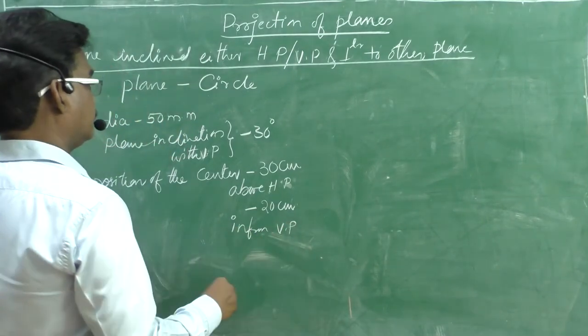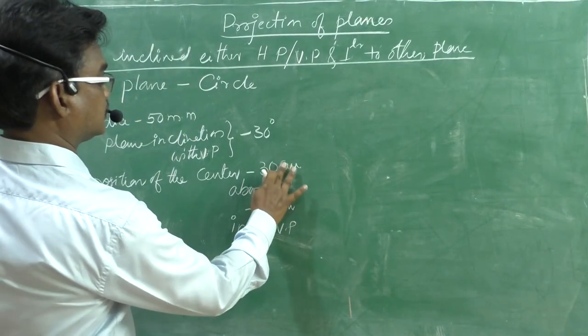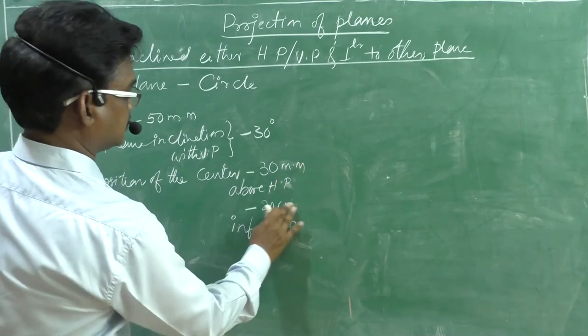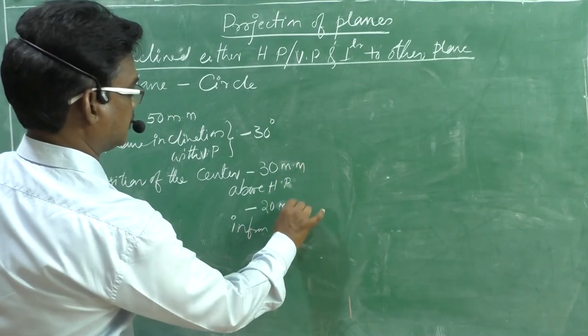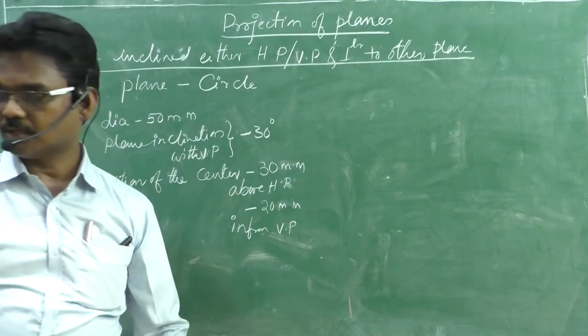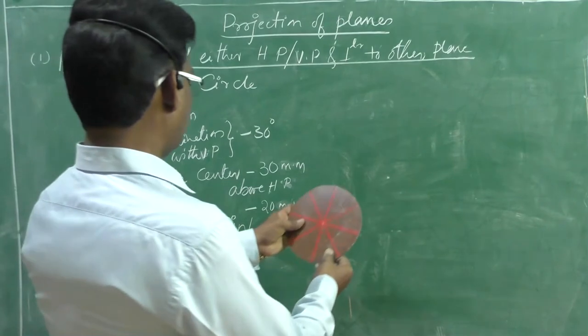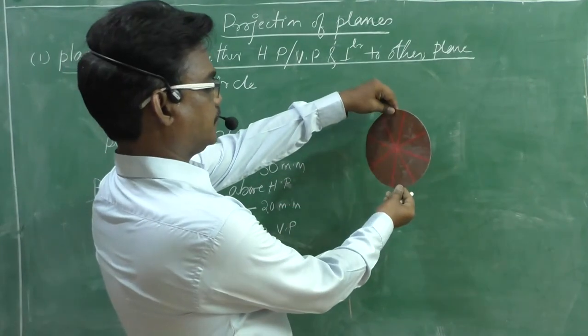Here we need to convert this, we need to take it in mm, because on the drawing sheet mm is the better measurement to accommodate the entire drawing. Right. Now the plane is inclined with VP at 30 degrees.